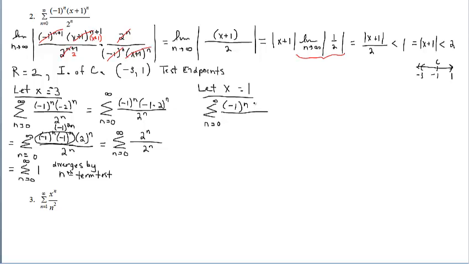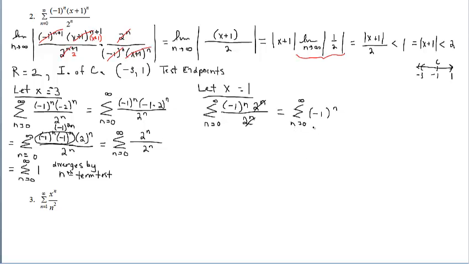Okay, when x is 1, we have 2 to the n here, and we still have 2 to the n here. All right, well, we can quickly cancel these two right here. So when these cancel, we just have this term.